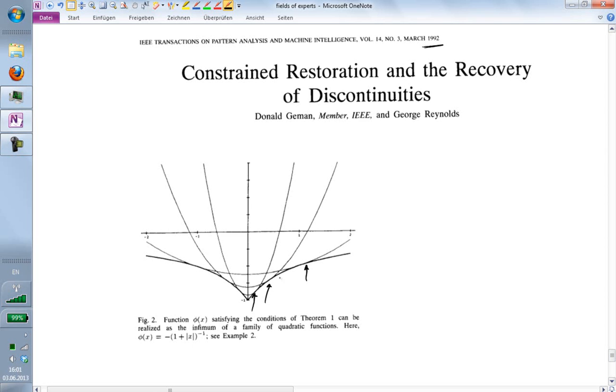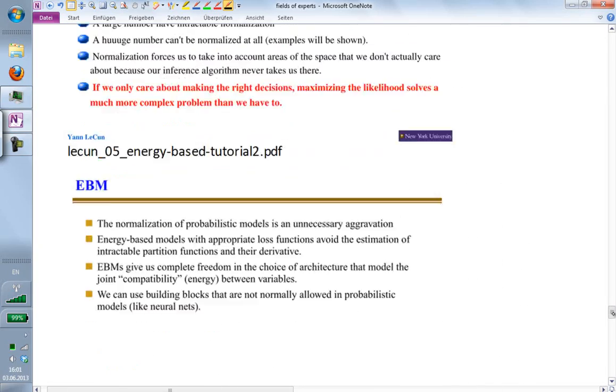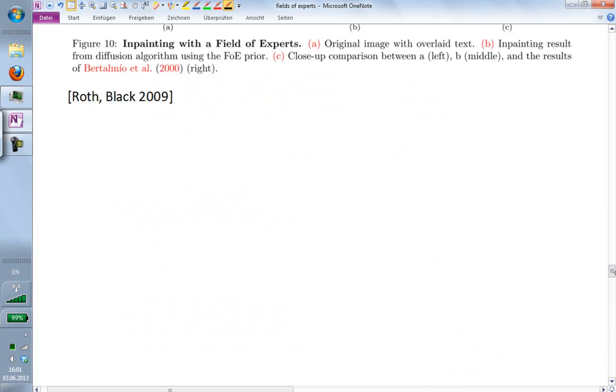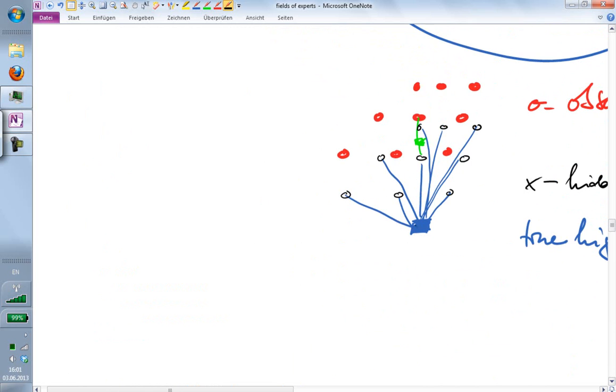So these fields of experts are currently the best thing out there to model truly higher order interactions in continuous valued MRFs. I'm pointing again to this factor here with the many connections.